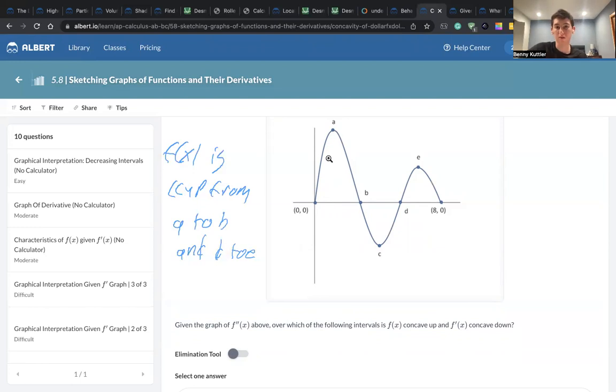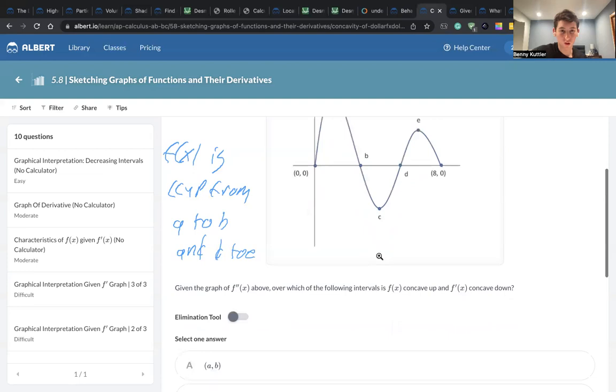So the derivative of f prime, that is decreasing. Oh, so that's going to be whenever this is negative, or whenever this is negative and decreasing. I think let's go to our answer choices.